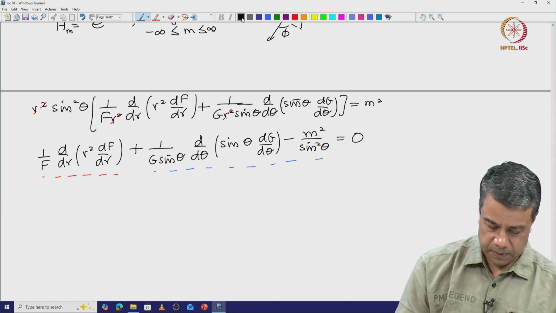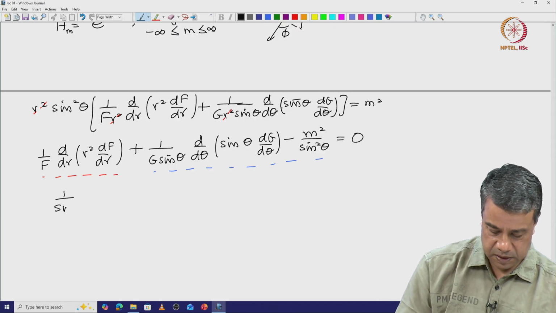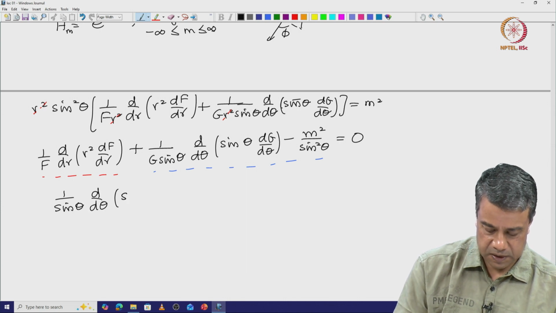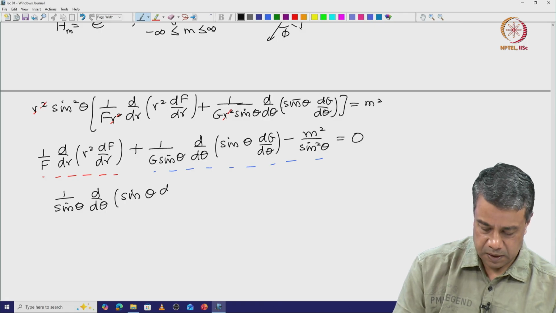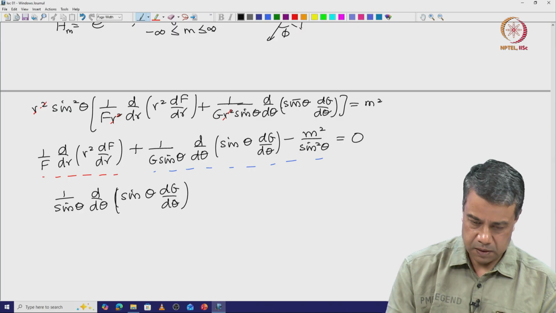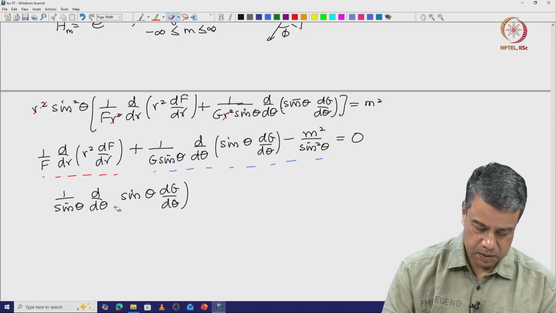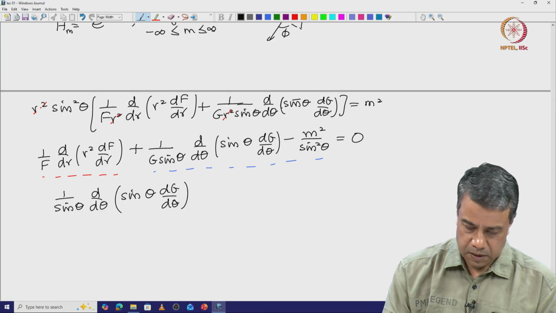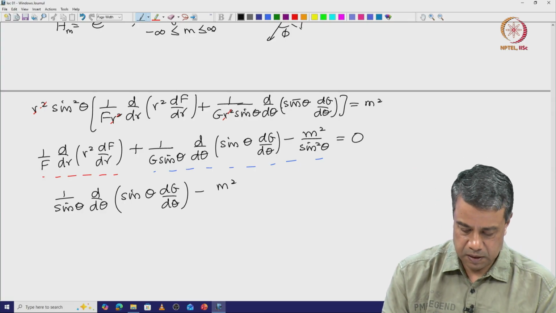Okay. I am getting (1/sin θ) d/dθ of (sin θ dg/dθ) minus m² g by sin² θ is equal to 0.